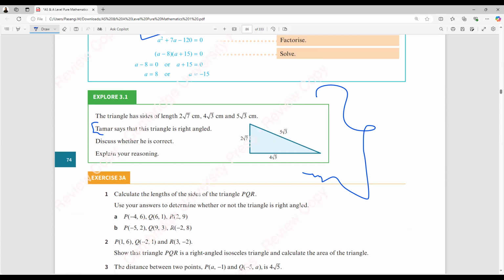You can check that one and provide the answer. No, it's not true. Yes, it's not true. That's also fine.